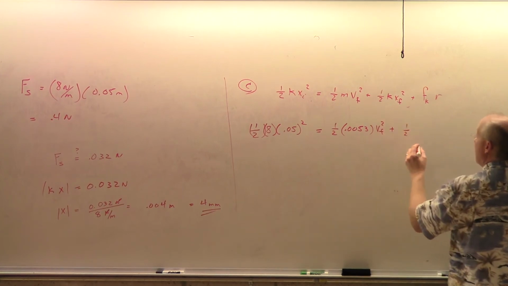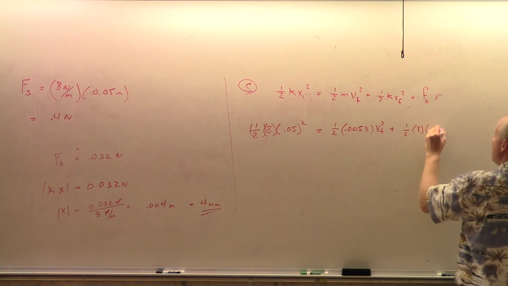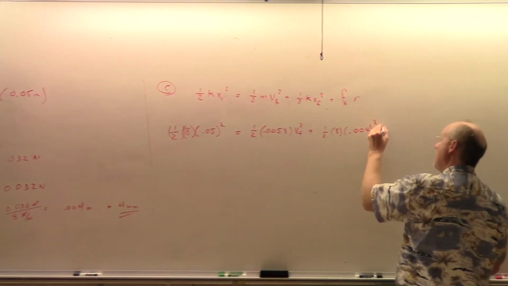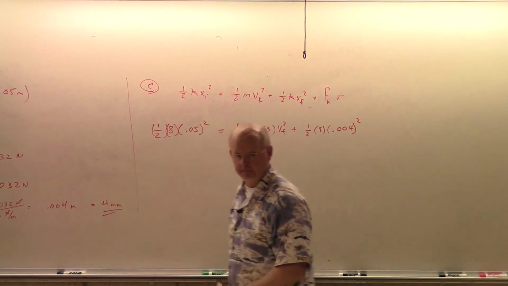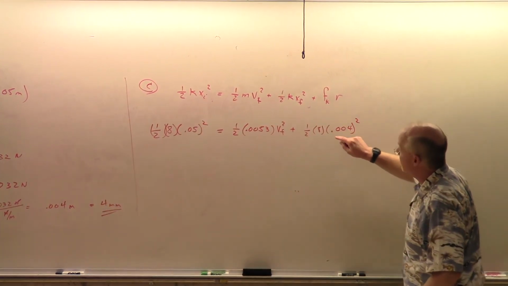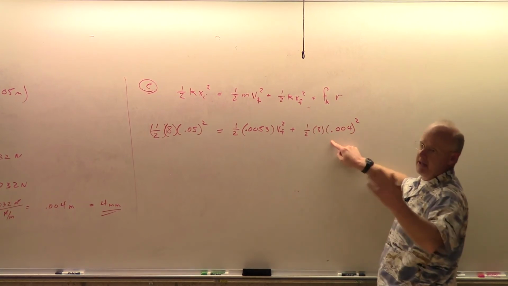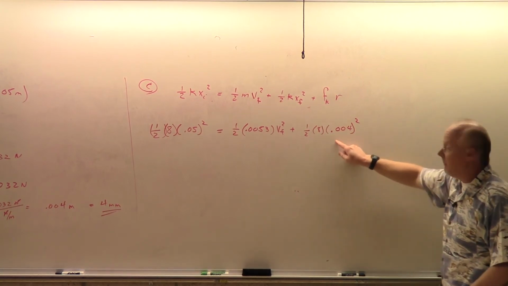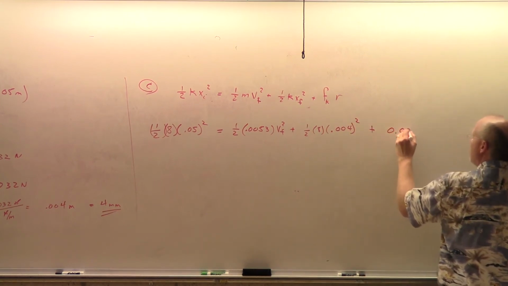This is the 1/2 times the k, which is the 8, and then here 0.004 squared. That's where this comes into play. There is still some energy in that spring. Now, very little, which is the whole reason it doesn't make it go faster. It's not much there. And then we've got the force of friction, 0.032.